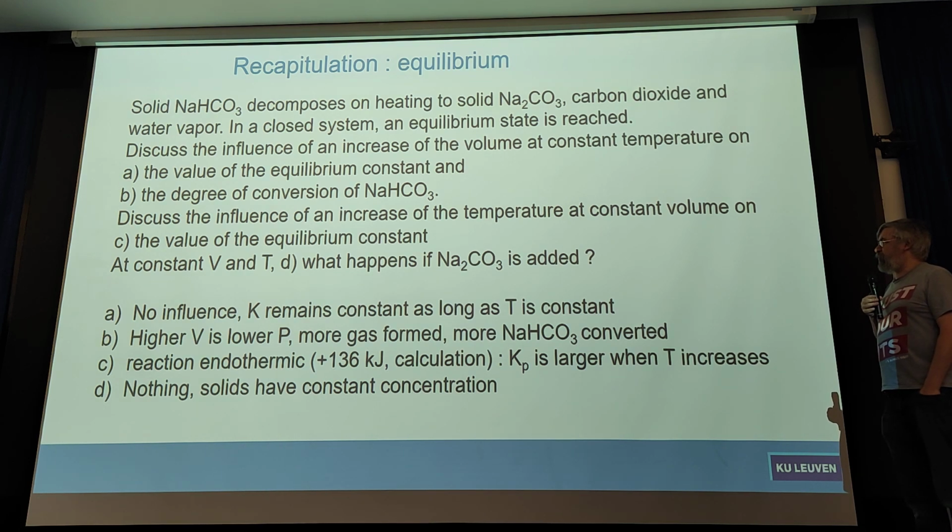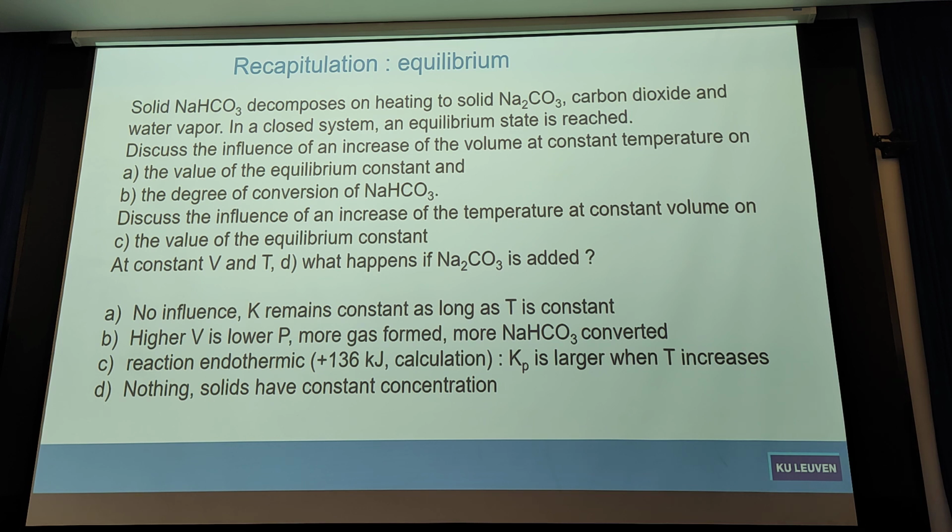And that means that you will actually have a larger conversion. More sodium hydrogen carbonate will be converted if we increase our volume, because there's more place for the particles. But this still doesn't mean that our K will change. Just the conversion that is changing.